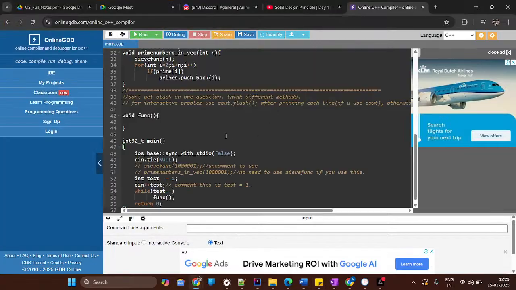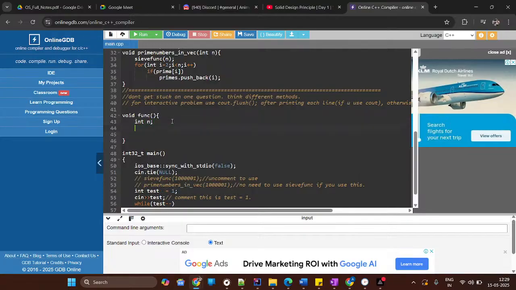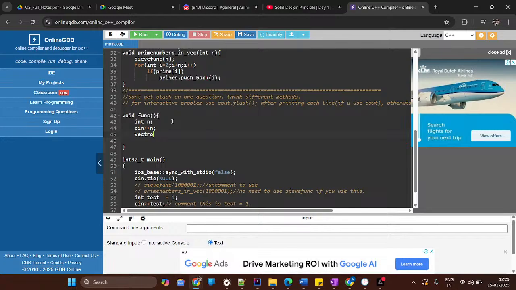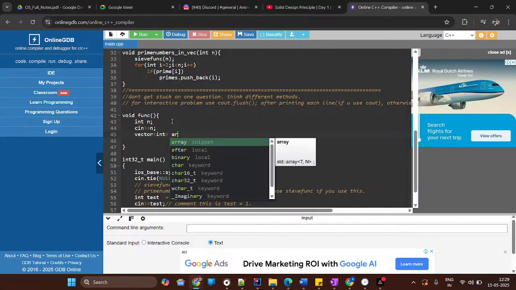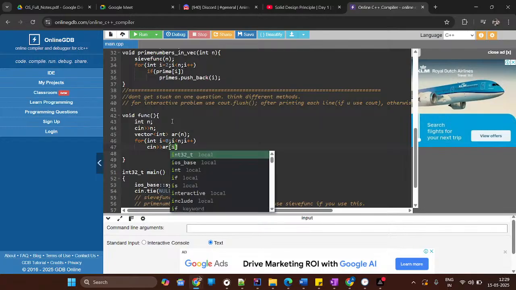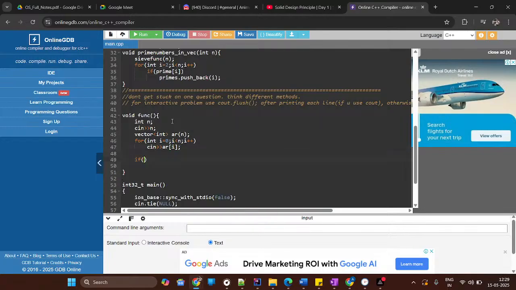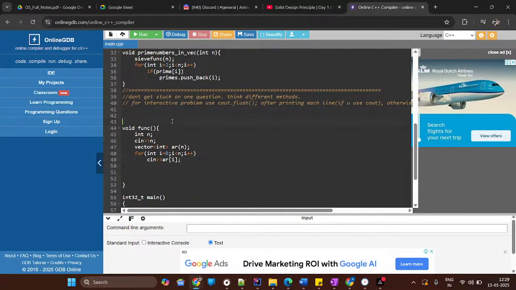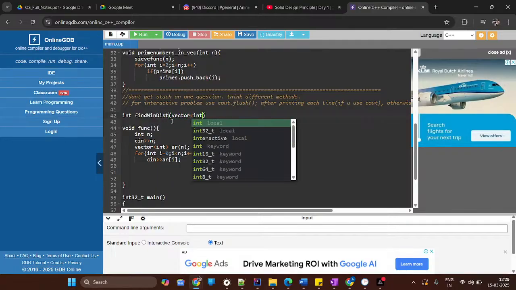I will directly use that, and then okay, I have a function to solve for even. Okay, so in find min test, it takes a vector int.